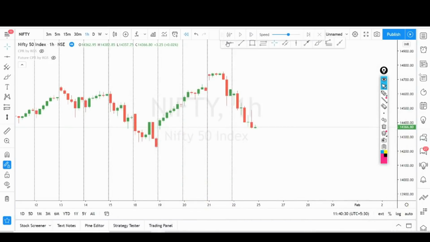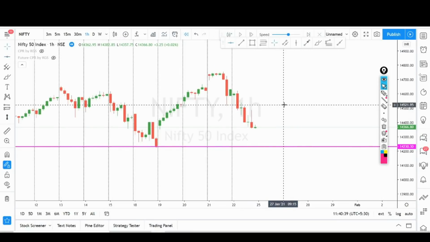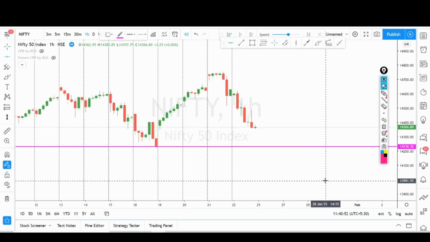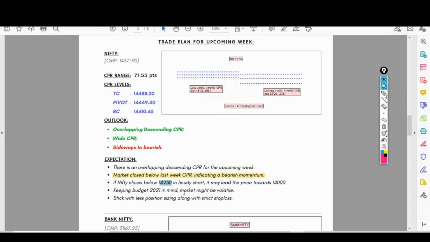So here what I have told is, if a 1 hour candle closes below 230, roughly around this particular point, if a 1 hour candle in Nifty closes below this level, then I am telling the price will go towards 14,000. Okay, so approximately the level is around here.